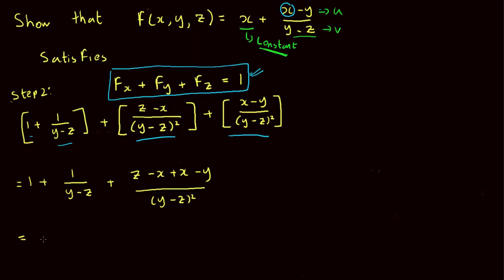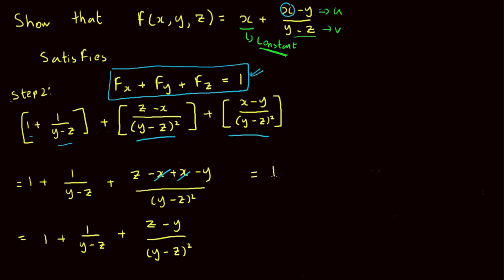So we should have here 1 plus 1 over y minus z plus, so obviously this cancels out, z minus y over y minus z squared.